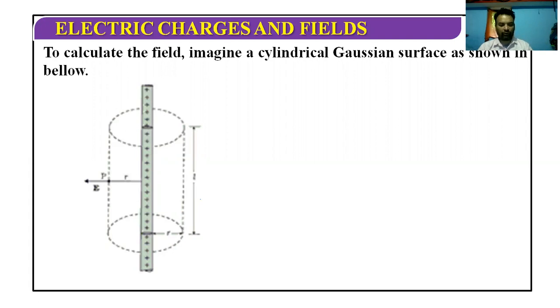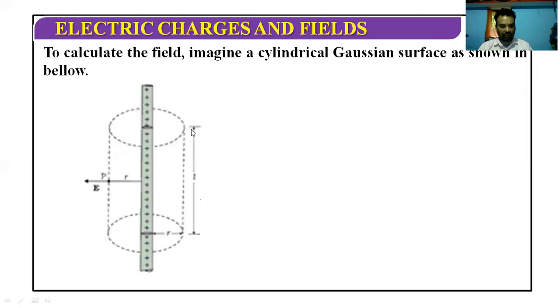Now we can apply the Gauss law. So our target is to find out the electric field at this point P, at a distance R from the rod. You can take R distance from any part.